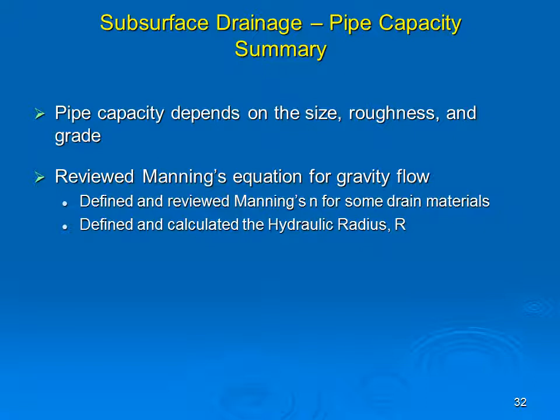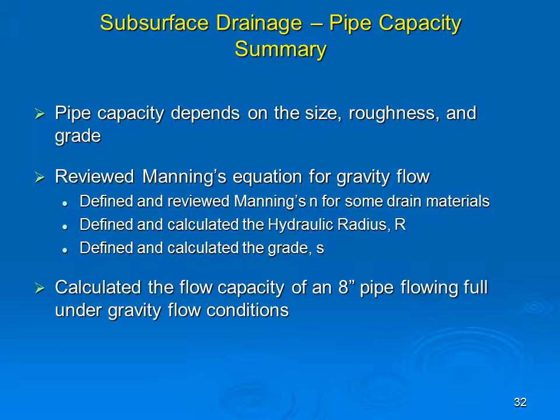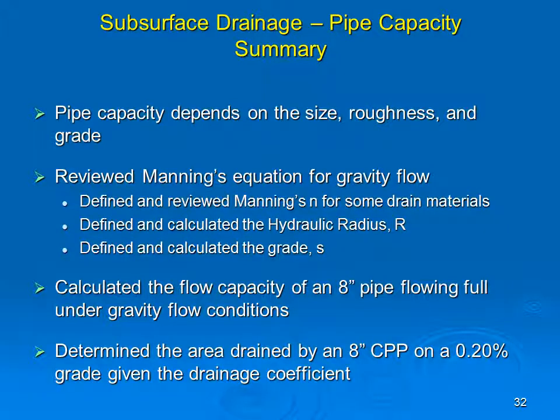We defined and calculated the hydraulic radius and defined and calculated the grade. With that information, we calculated the flow capacity of an 8-inch pipe flowing full under gravity flow conditions. And we determined the area that could be drained by an 8-inch corrugated plastic pipe on a 0.2% grade, given a drainage coefficient of 1/2 inch.